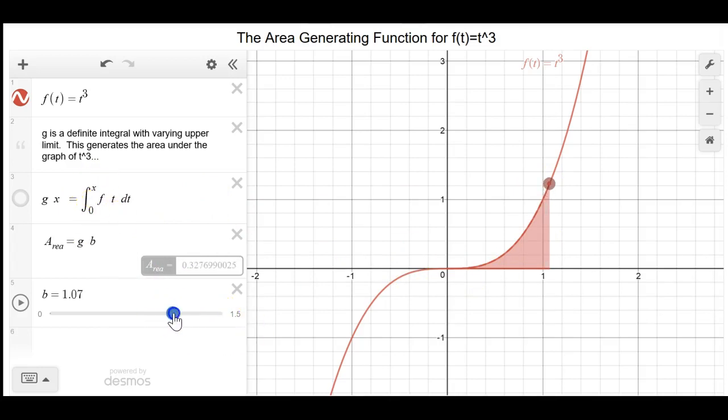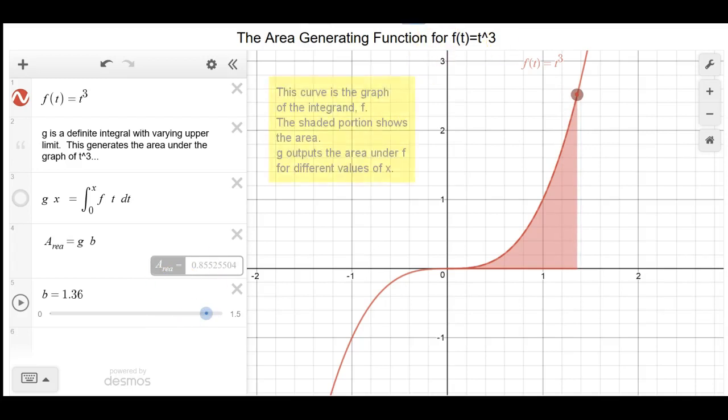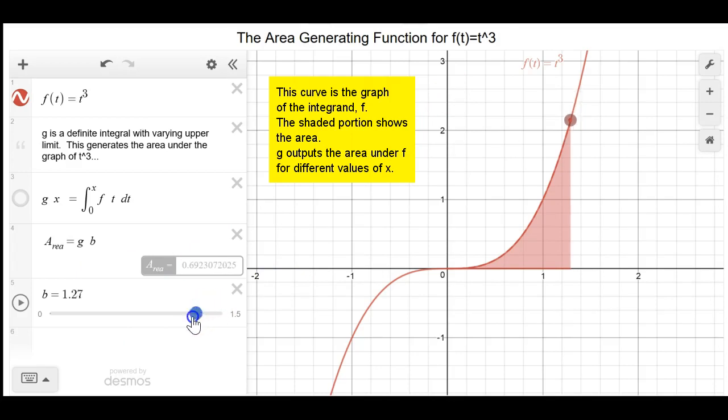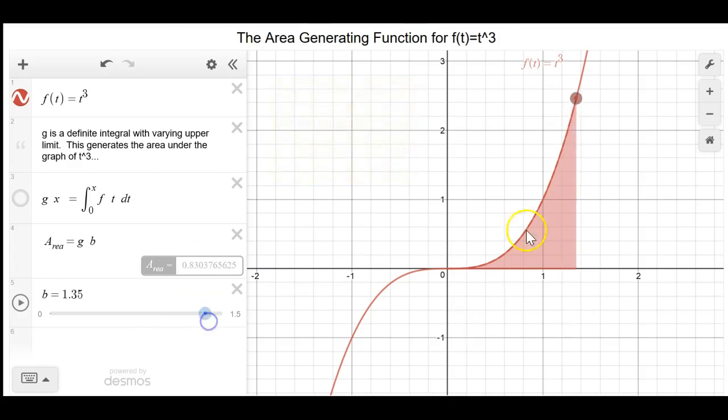So when I plug in that value of b, I'm just getting a new area every time underneath that function on a new interval. One thing I want you to know is we've not graphed g here. We've just graphed f, and I am just evaluating g, and it's giving me these different areas for different right endpoints.